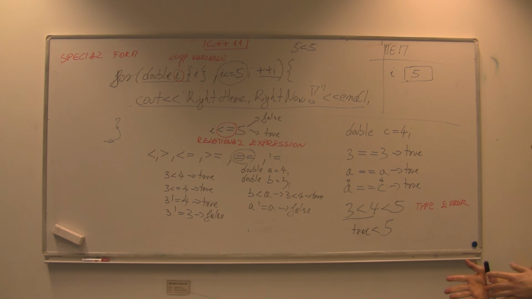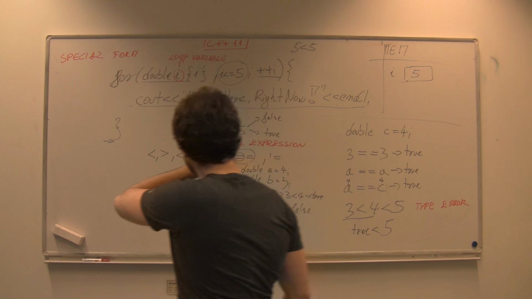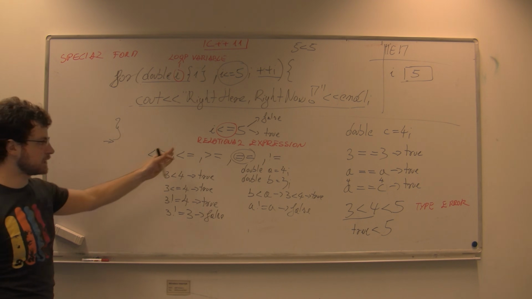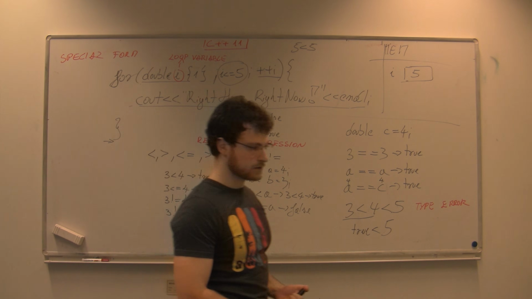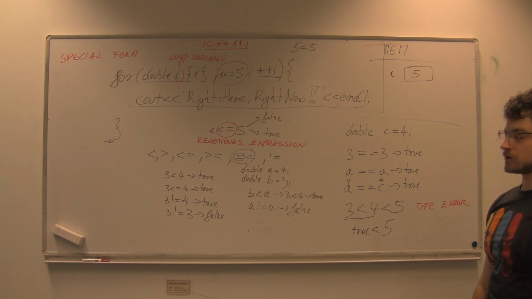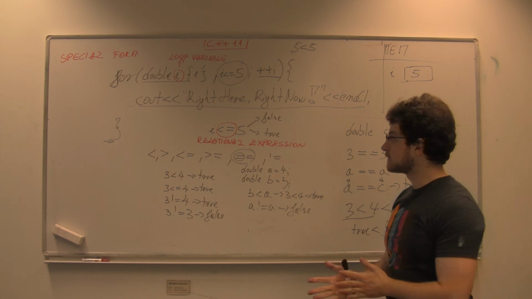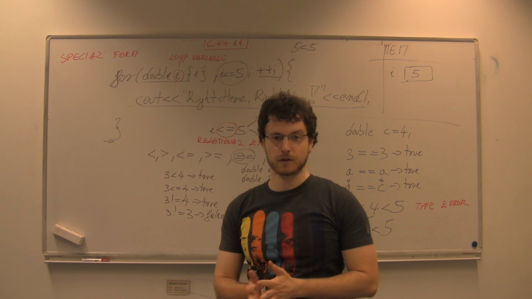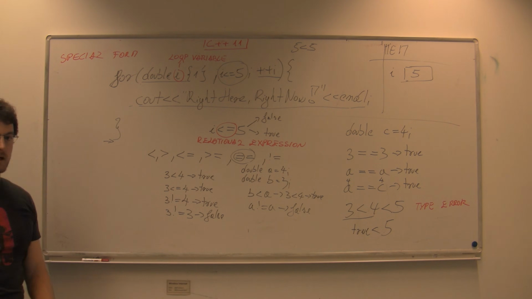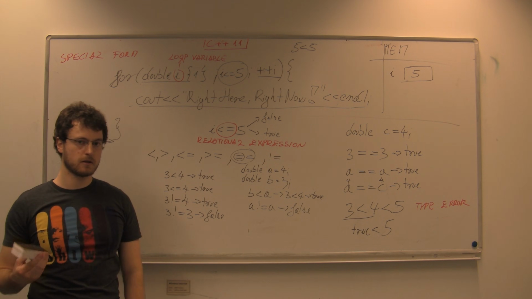Okay, so now you have an understanding of how a for loop operates. You've seen relational expressions. So I guess it's about time to showcase the usefulness of for loops. For example, let's express the process of printing out the first 5 natural numbers.